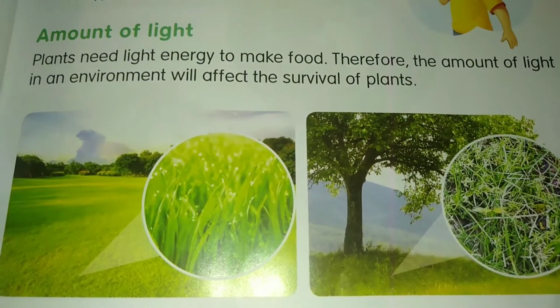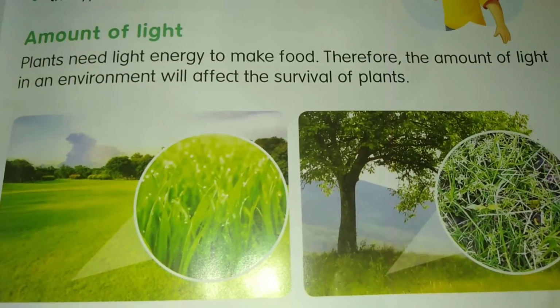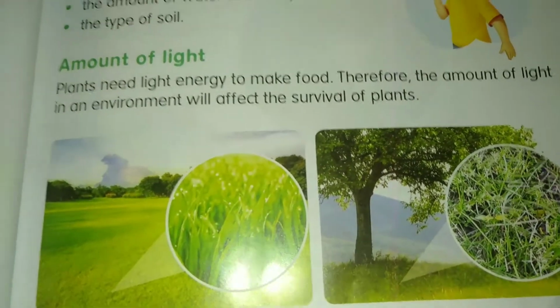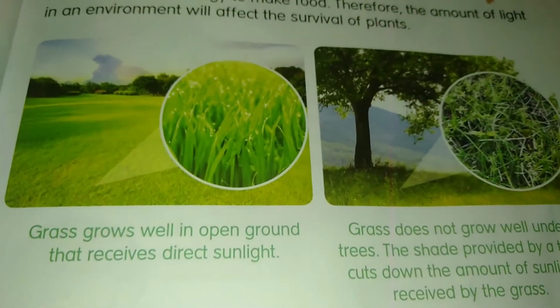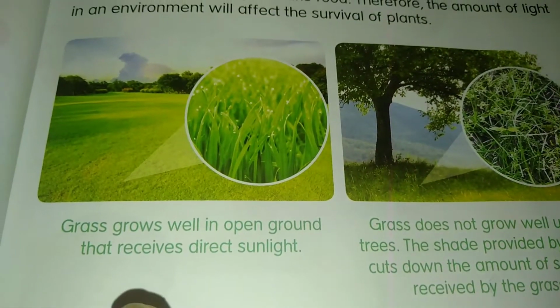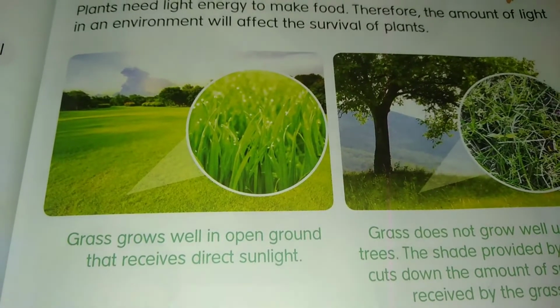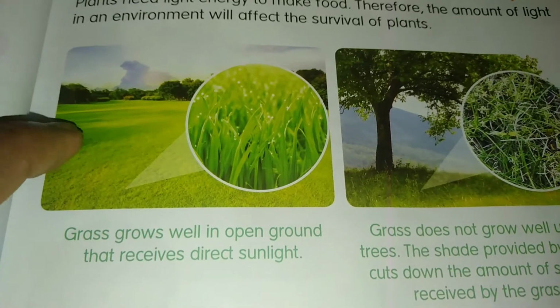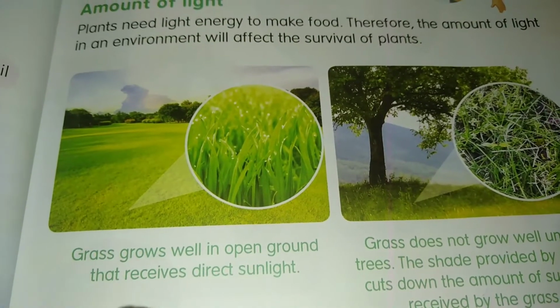Also people need sunlight, and everybody needs sunlight. And you can see the grass. The grass grows well in open ground that receives direct sunlight. So you can see this ground is grass, and they need sunlight too.